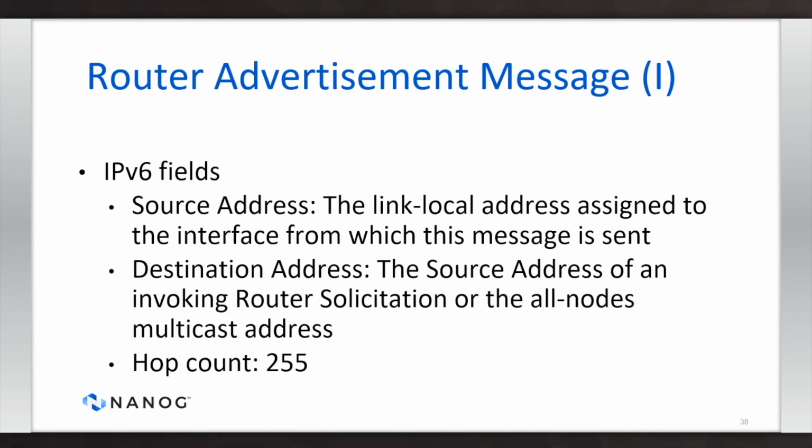The destination address is the source address of the invoking router solicitation or the all nodes multicast address. So if the router solicitation had a real address on it, a real link local, you send it just to the station that's asking. If it didn't know its own address yet, you blast it out to the whole link. And again, hop count is 255 for security reasons.